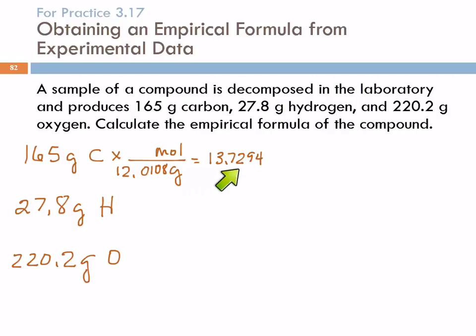This result would have 3 significant figures, so I want to make sure I keep some extras. So that's moles of carbon. Then I do the same thing for the hydrogen. I'm going to multiply by 1 mole and divide by the mass of the hydrogen, 1.00795. It's messy.